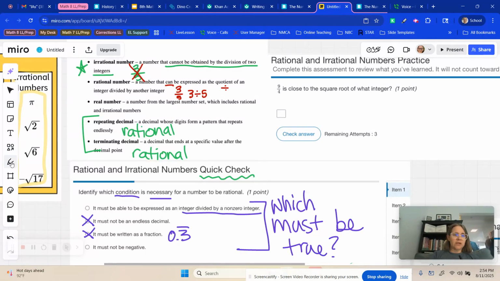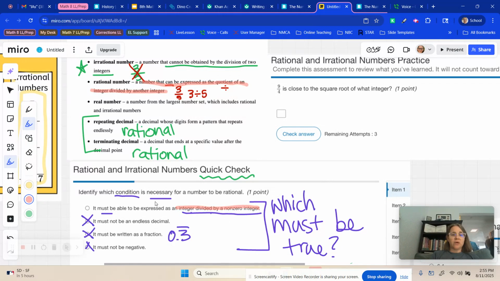And then let's look again at this first choice, which sounds pretty good. First choice says it must be able to be expressed as an integer divided by a non-zero integer. Key words, look at this: integer divided by a non-zero integer. And rational, a number that can be expressed as the quotient of an integer divided by another integer.